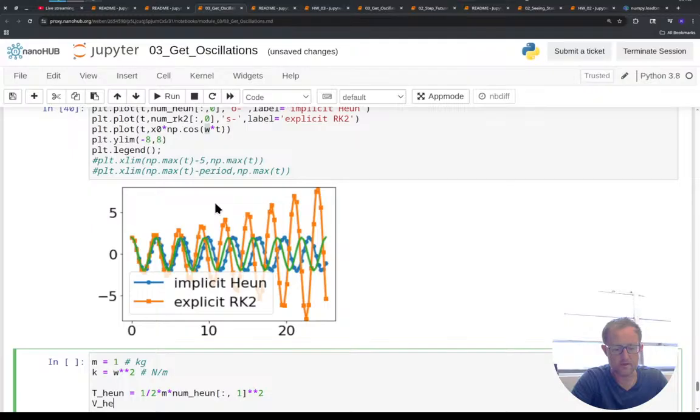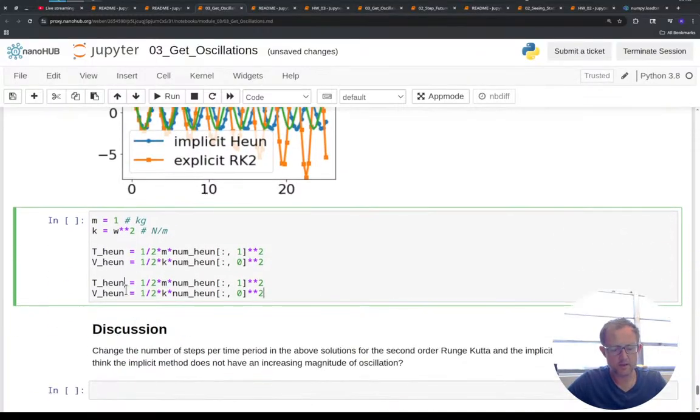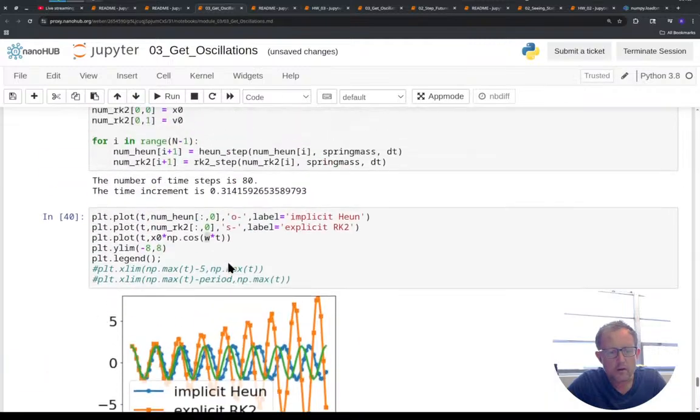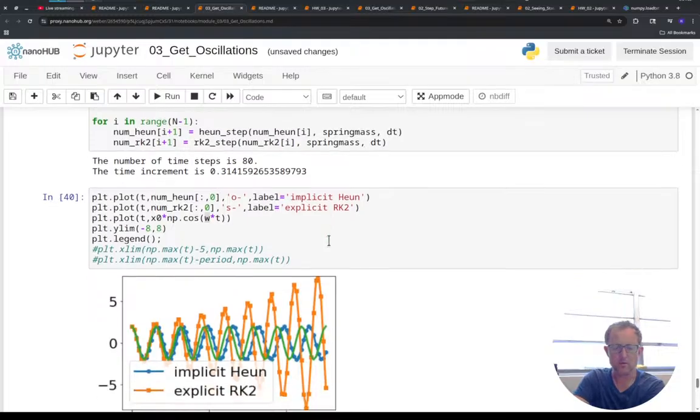The potential energy of Hune is just 1/2 times K times num Hune colon 0 squared. And I'm going to do my fancy multi-click, and I want to unclick that one, RK2, right? So I have numerical with Hune method, numerical with an X.